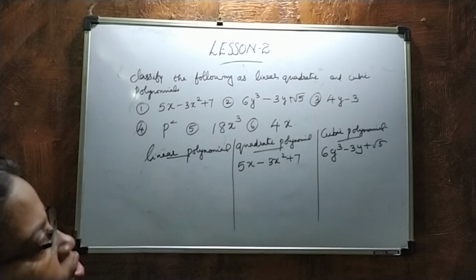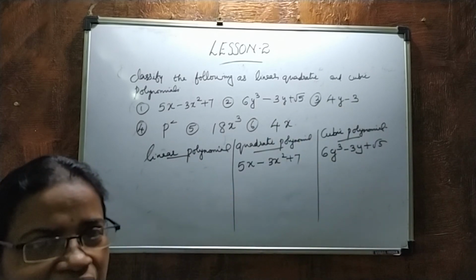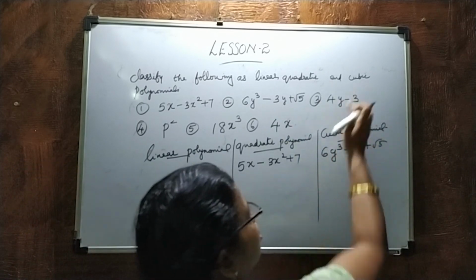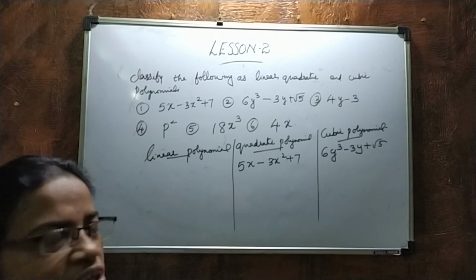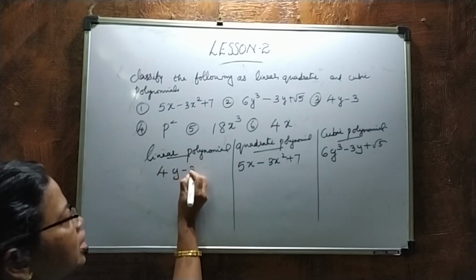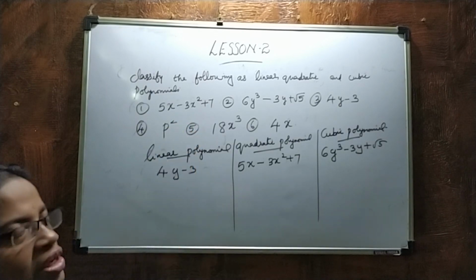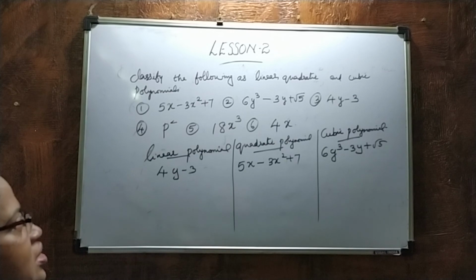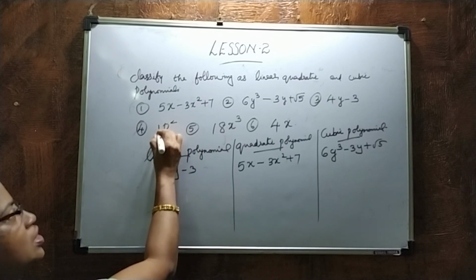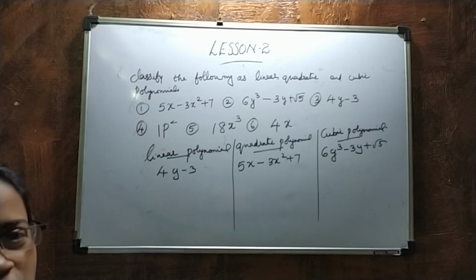Next one, look, 4y minus 3. Here y raised to 1 is there. Right? And here y raised to 0 is there. Which degree got? It is 1. That is linear polynomial, 4y minus 3. The next one, p square means what? Here the number is 1. That you have to remember always, there is no number means there will be 1.